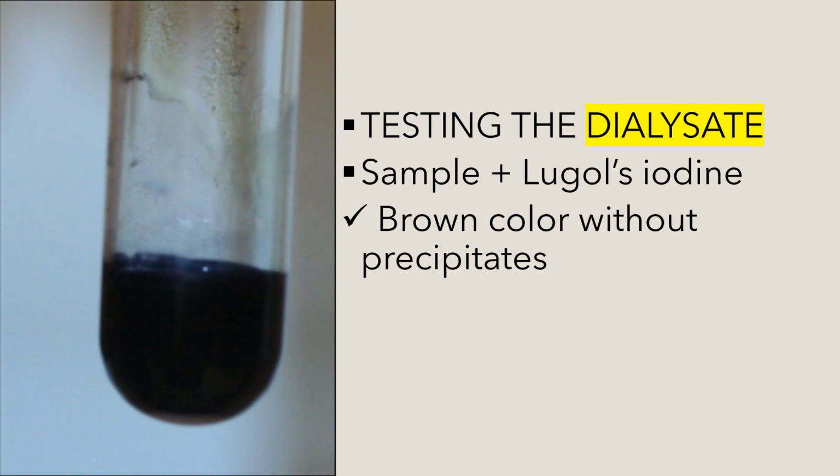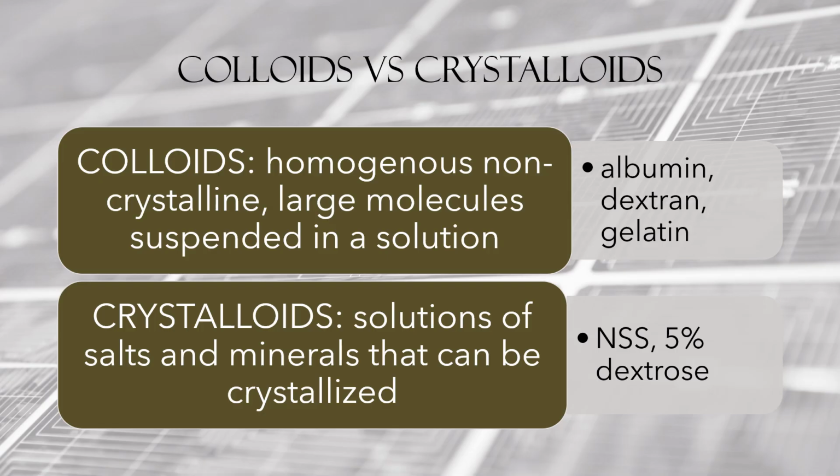It is just colored by the Lugol's iodine. The brown color is just imparted by the color of your Lugol's iodine. Again, in the dialysate, or the fluid outside of the cellophane, it should test negative for the presence of starch.